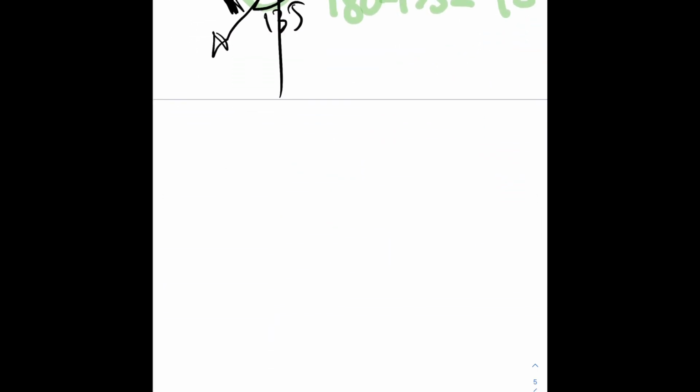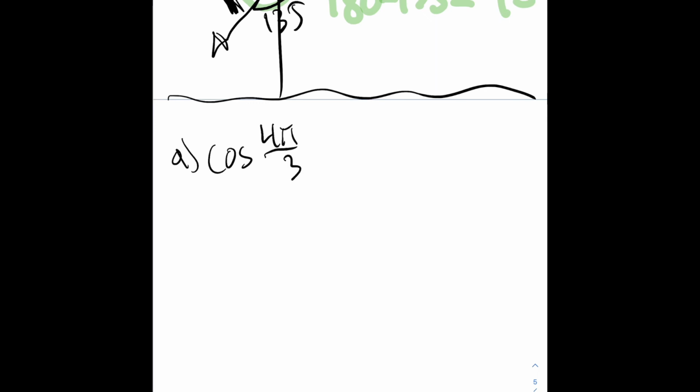All right, couple more examples here. Evaluate each trig function. So let's just say cosine of 4 pi over 3. And then we'll do tangent of negative 210 degrees.